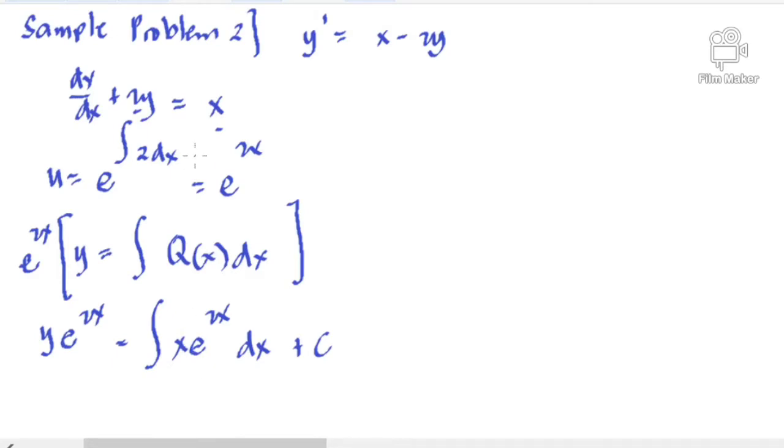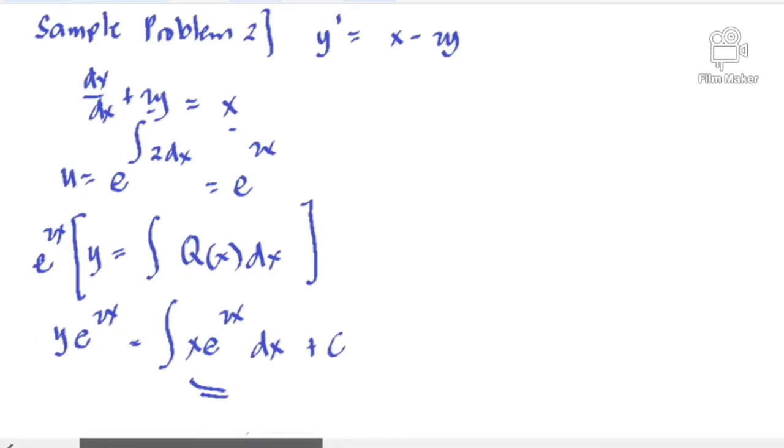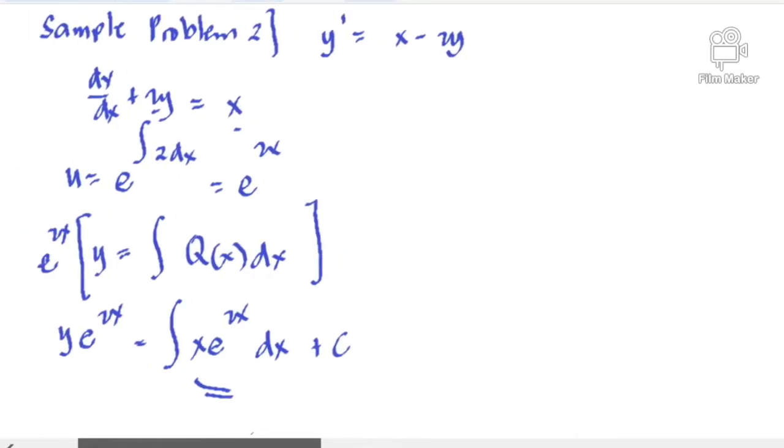Now, paano natin integrate ito? Ano sa tingin ninyo? Paano natin integrate itong part na to? So, tama, that will be integration by parts. So, kung integration by parts yan, ano yung ililet natin dyan? So, using integration by parts, okay? So, we let u is equal to, anong ililet natin?